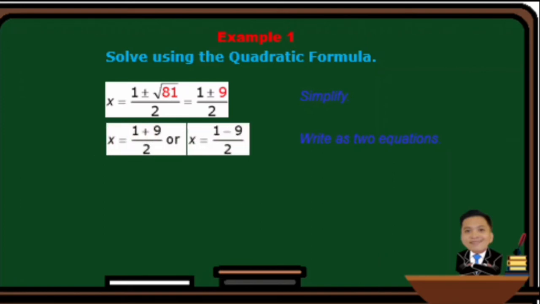We will have x is equal to 1 plus 9 over 2 or x is equal to 1 minus 9 over 2. Solve each equation and we will get x is equal to 5 or x is equal to negative 4.